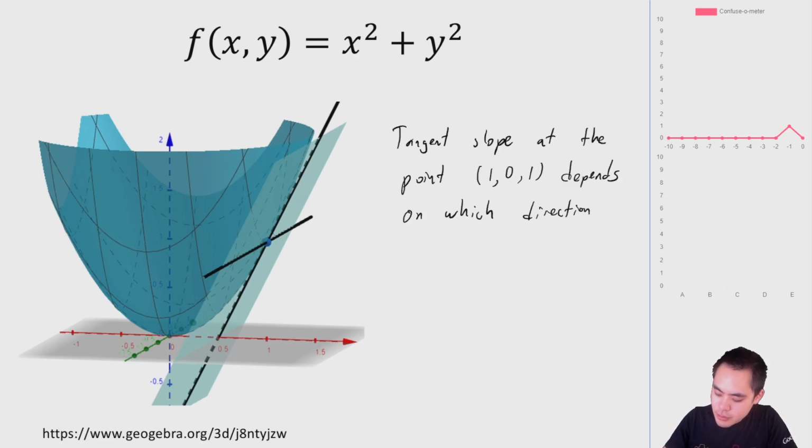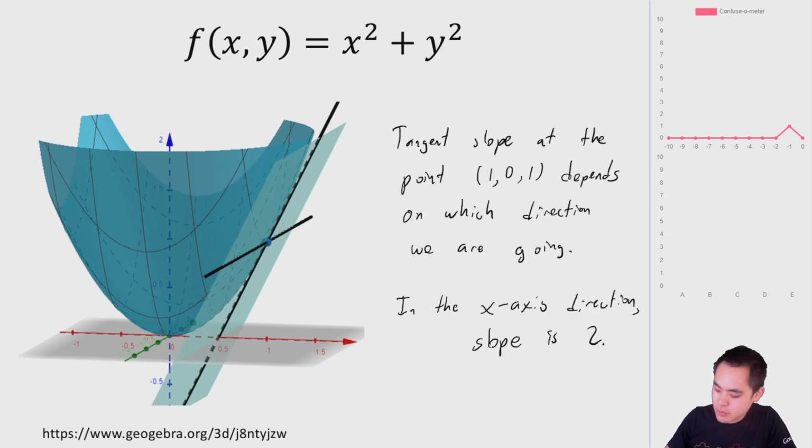In the x-axis direction, the slope is 2, and in the y-axis direction, the slope is 0.